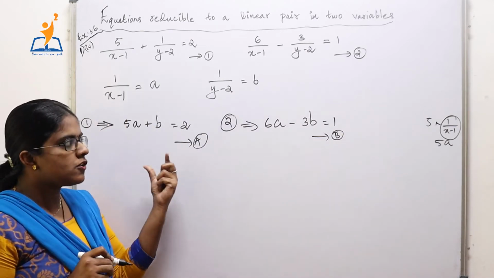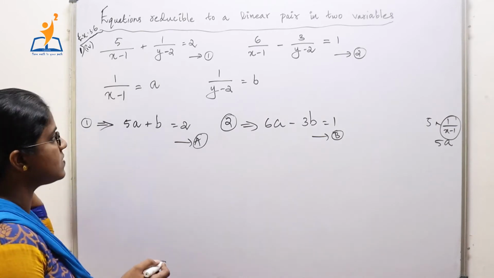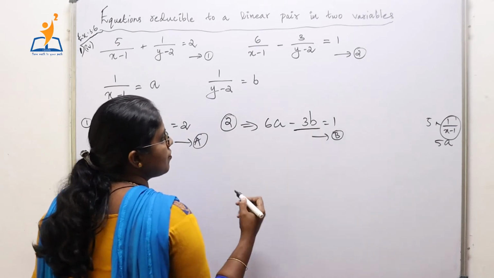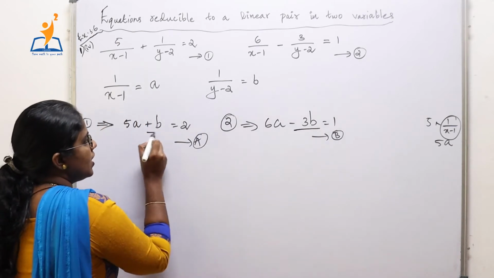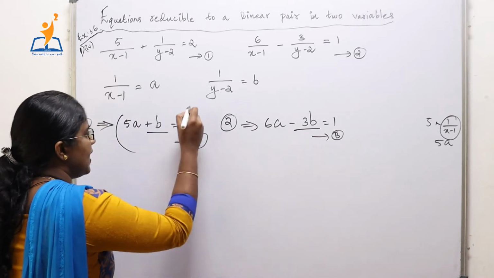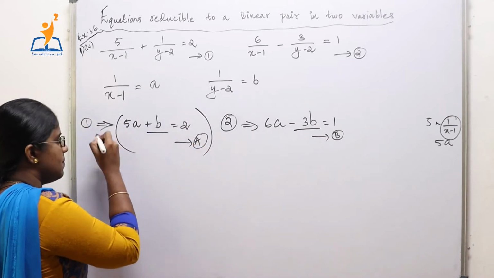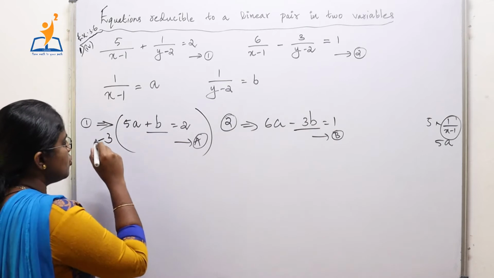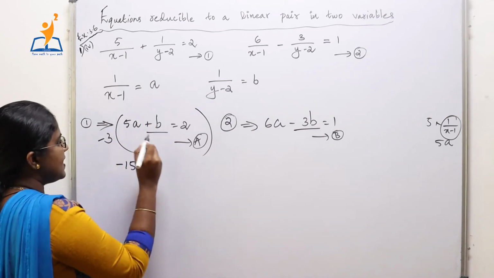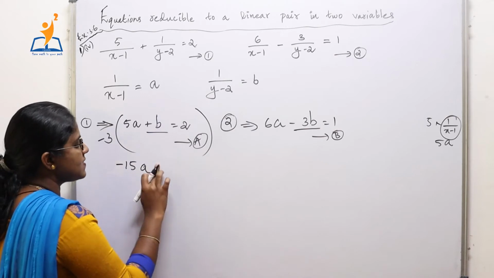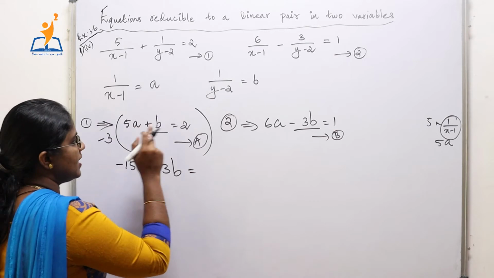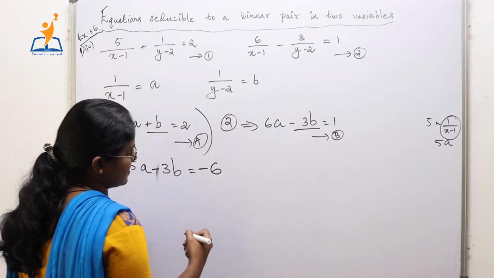So in order to solve this, I am going to use the elimination method. So here the coefficient of b is minus 3. So in order to make the coefficient here minus 3, I am going to multiply this equation throughout by minus 3. So minus 3 into 5 is minus 15a plus minus 3 into b is minus 3b, which is equal to minus 3 into 6 is minus 6.